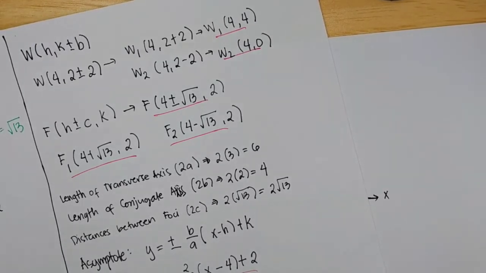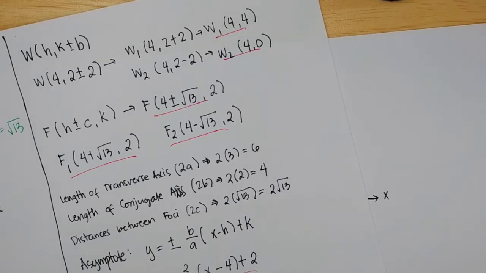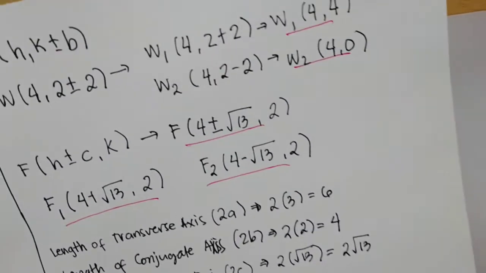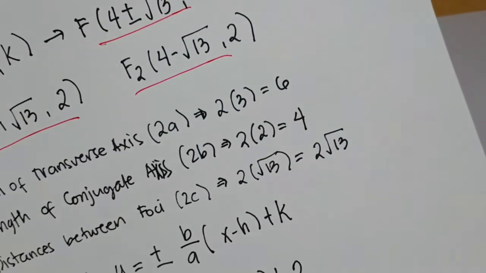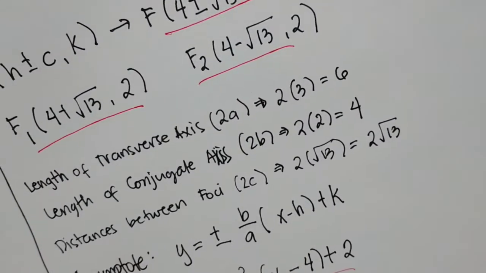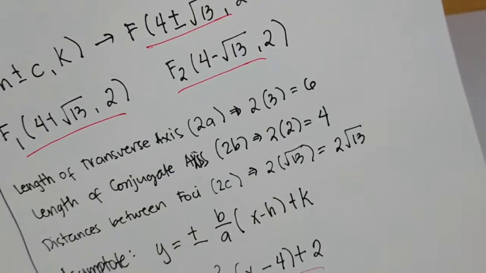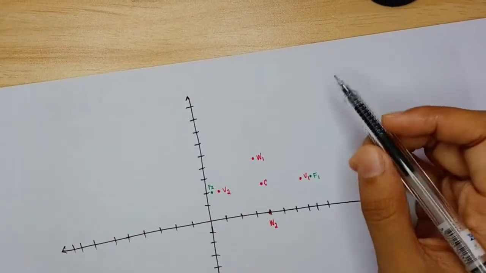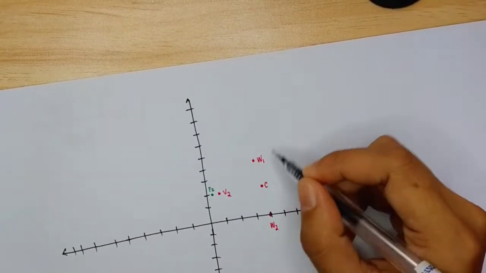Ganyan yan. So, try natin. Okay. So, again ha, itong asymptote yung line. Later ko na ituturo, I will have a separate video on how to plot our asymptote. So, take note ng asymptote natin is dadaan siya sa center.